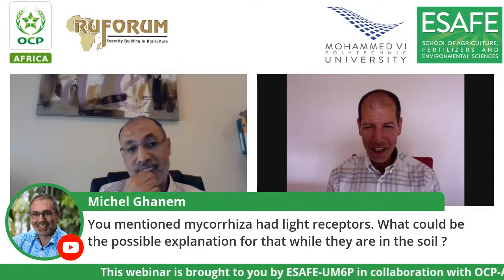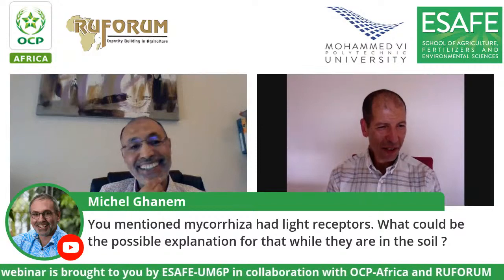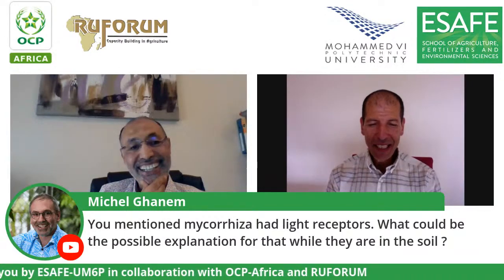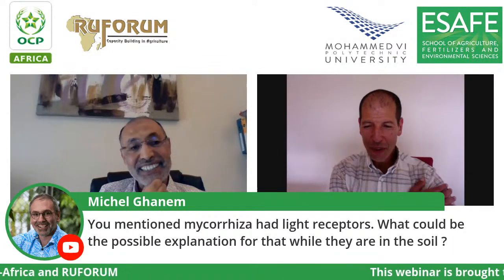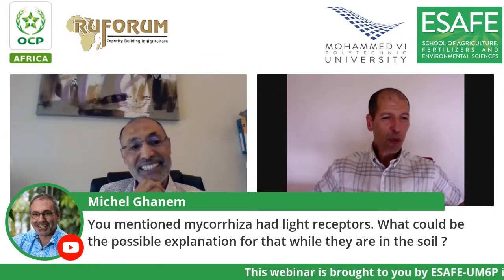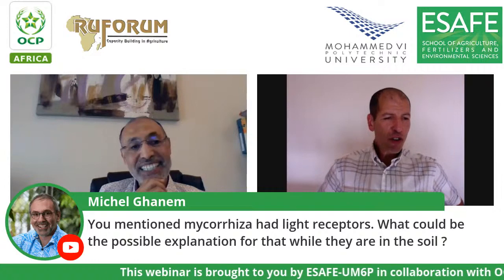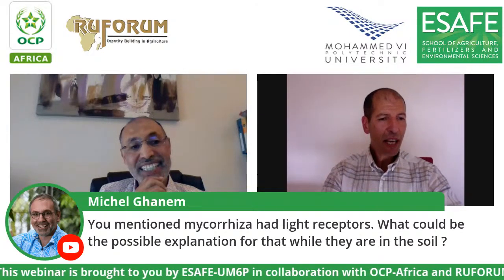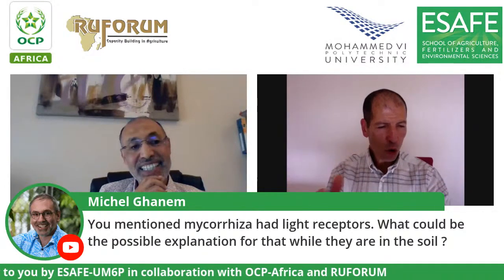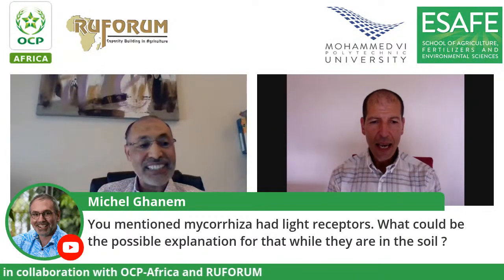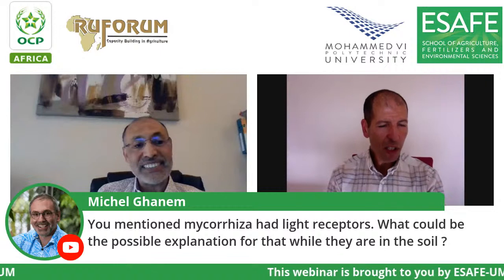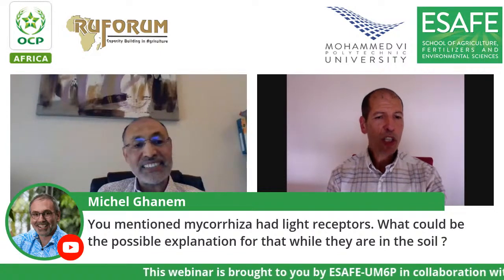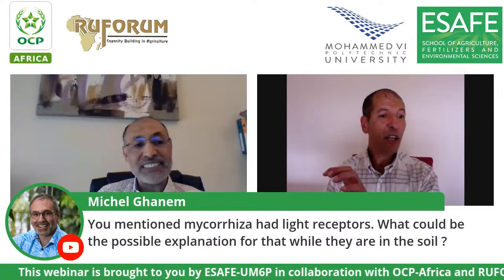Well, Michel, very good question. I was surprised when I saw that. We have published about this last year, and to summarize the story, fungi, I'm talking about ascomycetes and basidiomycetes, rely on light receptors, and light sensing mechanisms are extremely important. They are the drivers controlling their growth.